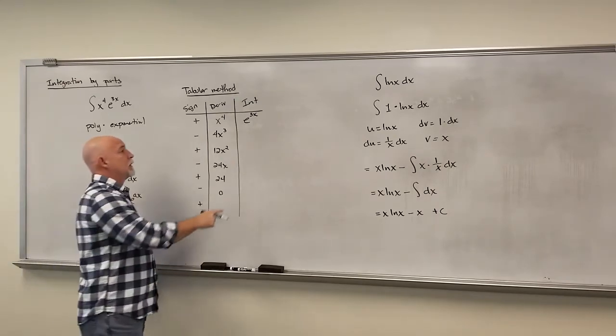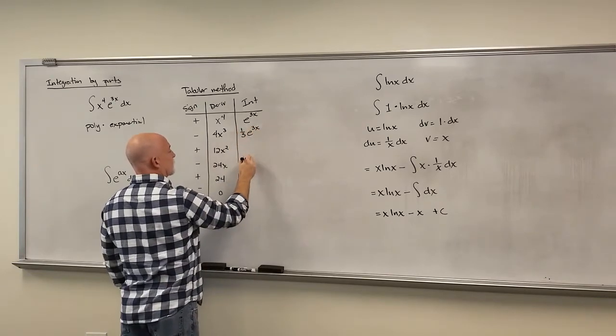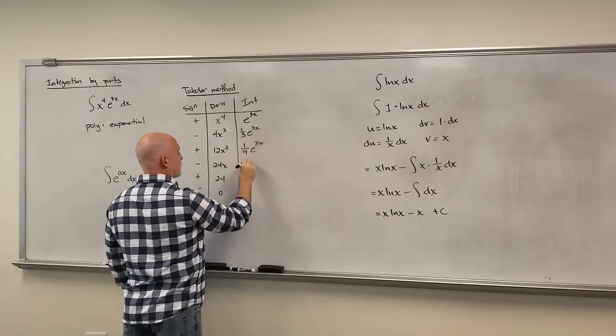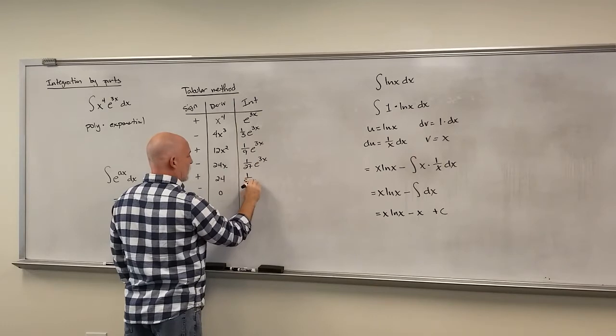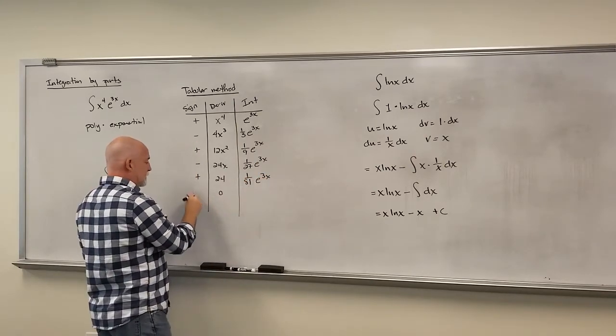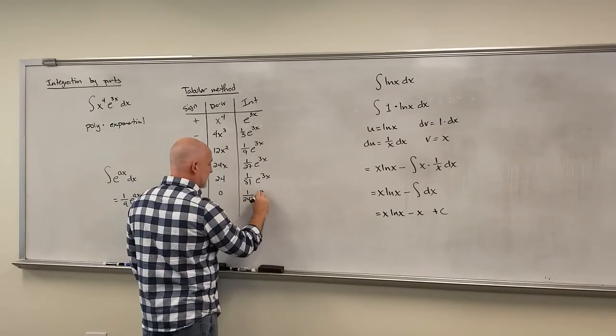So if I integrate e to the 3x, that's going to give me 1/3 e to the 3x. Now I'm getting another 3 that comes out, so that's 1/9 e to the 3x. 1/27 e to the 3x, 1/81 e to the 3x, and you just need to go down to be even with the 0. So I need one more, that's 1/243 e to the 3x.